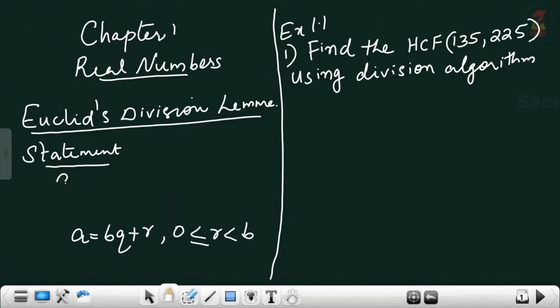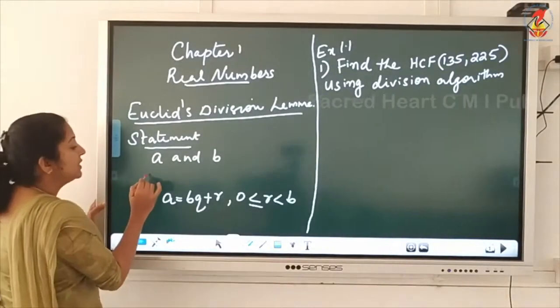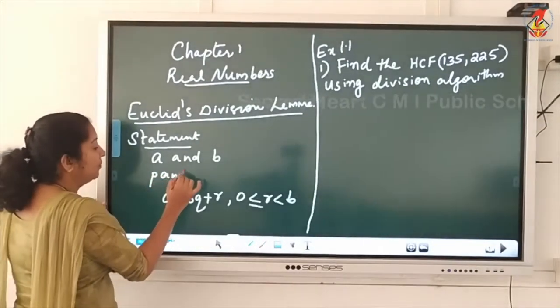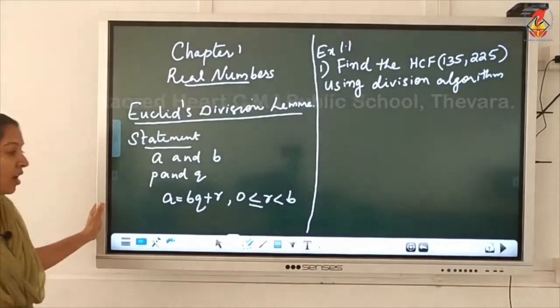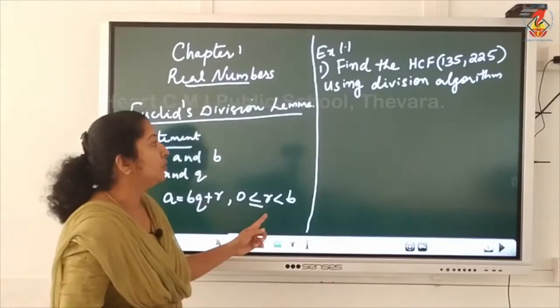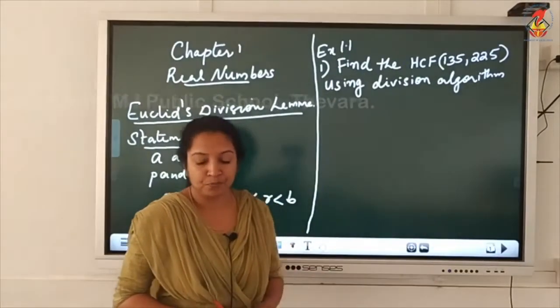Given two positive integers a and b, there exist two integers q and r satisfying a equal to bq plus r, where 0 less than or equal to r less than b.